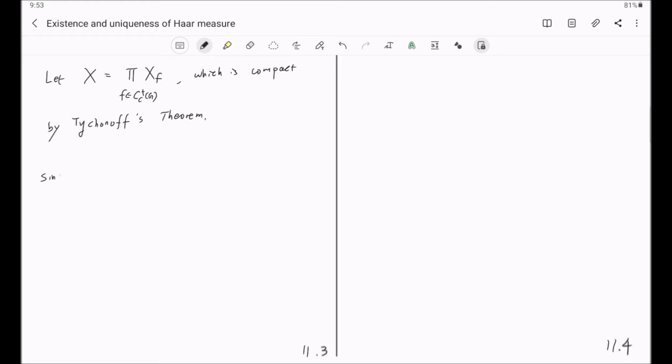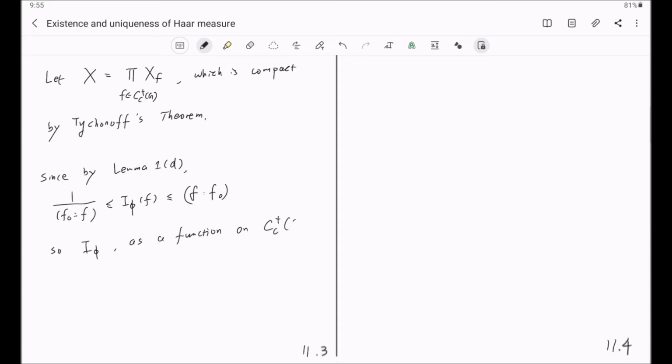And since, by lemma 1D, as I mentioned above, I sub phi of f is squeezed between (f : f naught) and 1 over (f naught : f), I sub phi as a function on CC plus of G can be viewed as an element in X, namely in this product space.